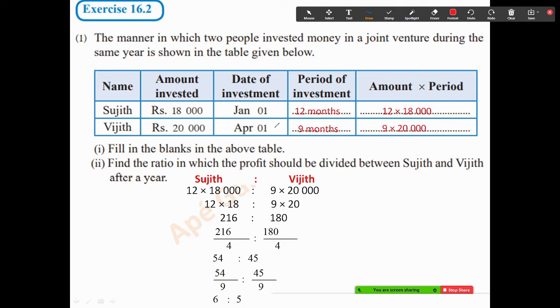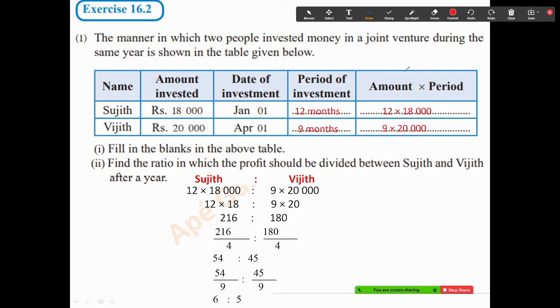So there are 3 months in which his money was not in the business. So reduce those 3 months. Total 12 months in the year. When you reduce 3 months, 12 minus 3 means 9 months. So the period of investment is 9 months.